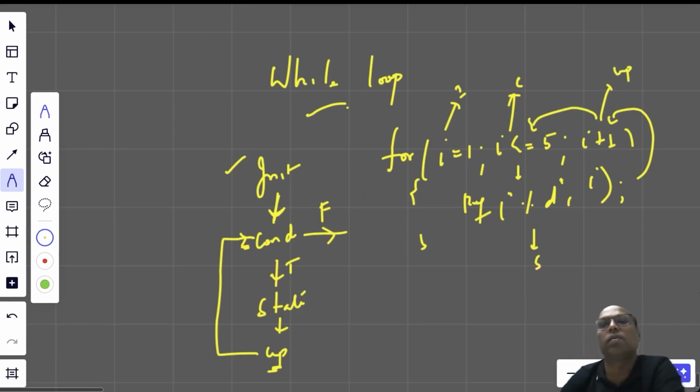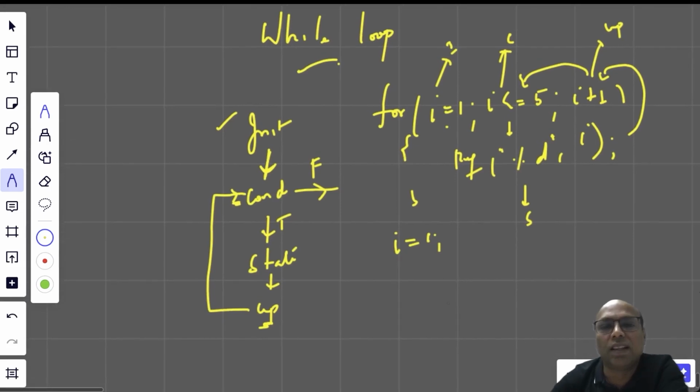Now, what is the difference in the while loop? There's no difference. If you want to write the while loop, your initialization needs to be outside. Then you write while I is less than or equal to 5 as the condition.